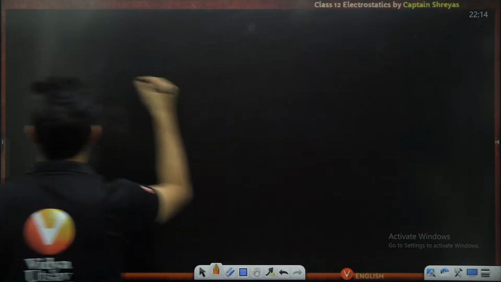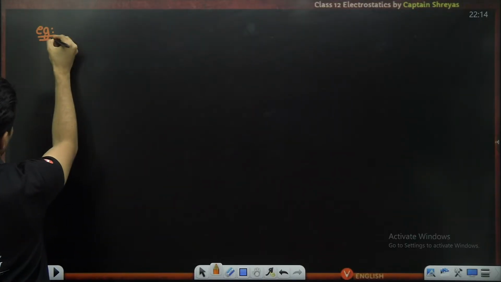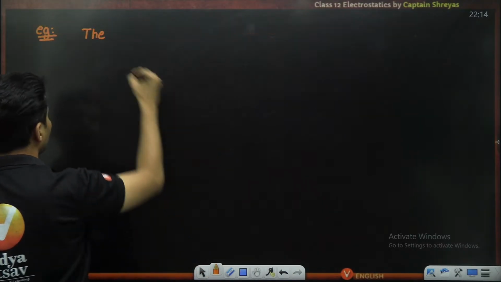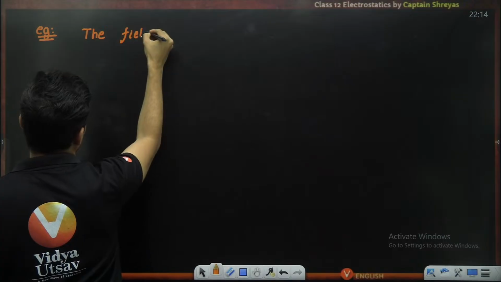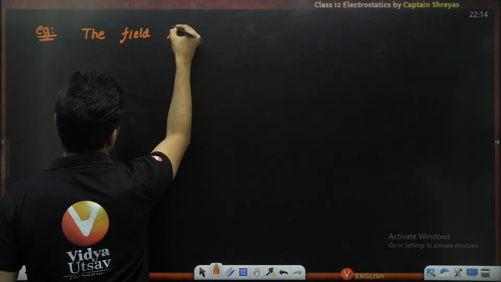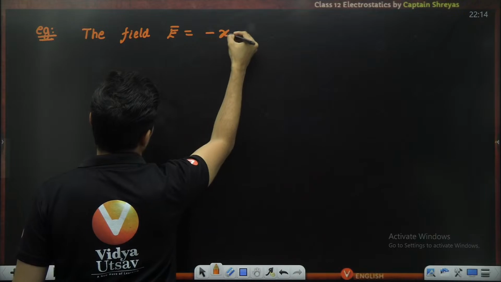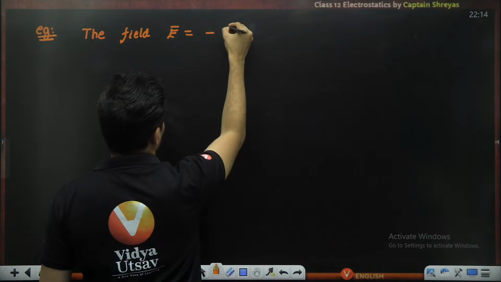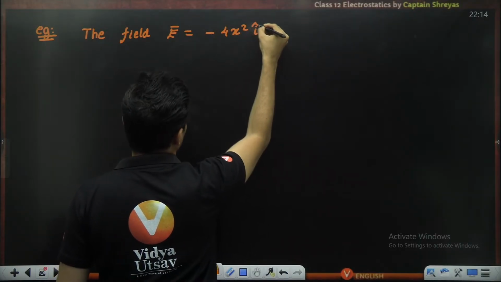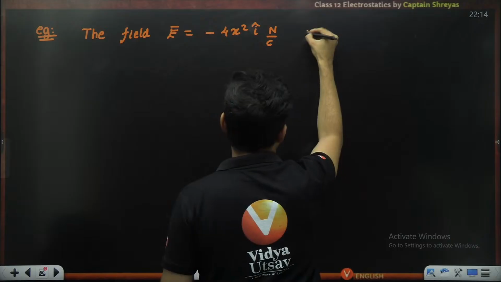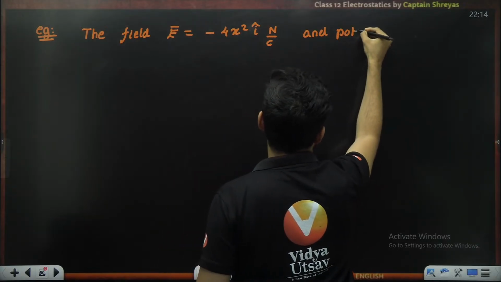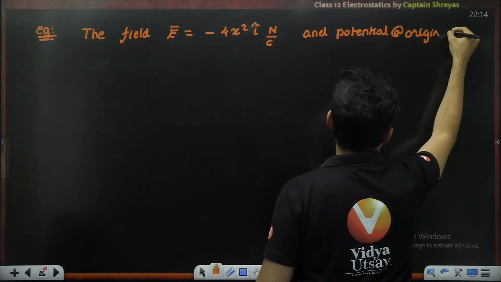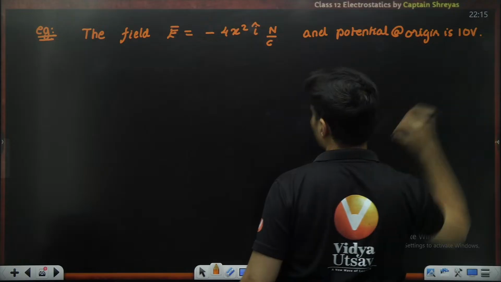Say for example, we are going to look at this particular thing. The field E vector is given by minus 4x square i cap newton per coulomb, and the potential at origin is 10 volts.